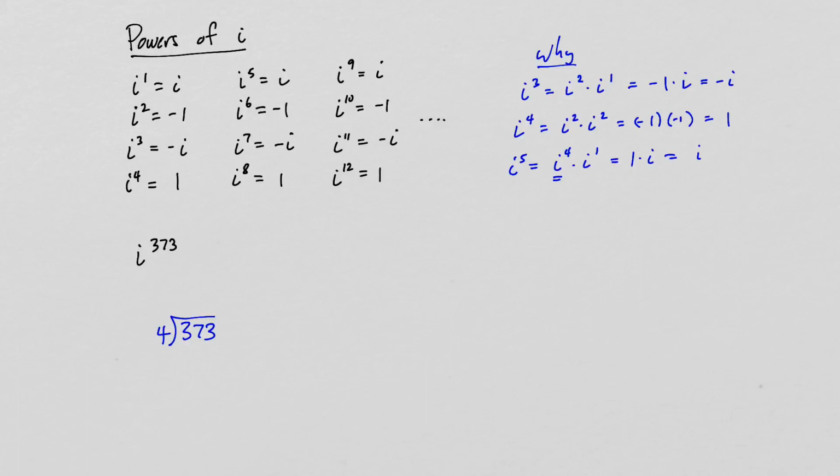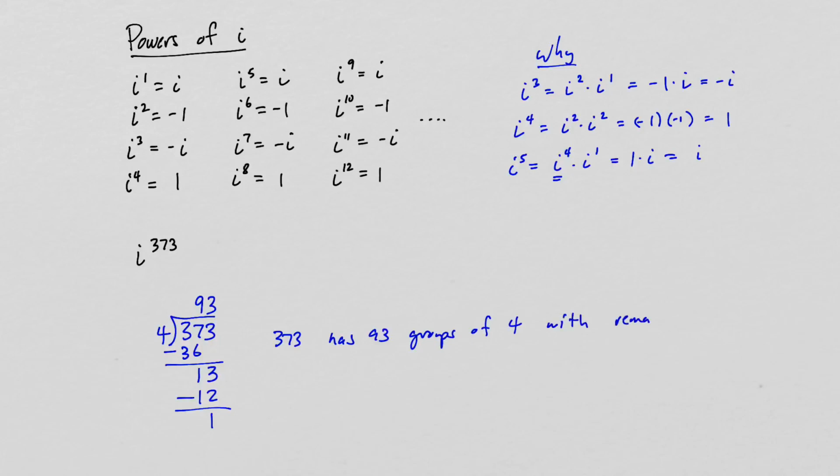4 goes into 37 9 times. 4 goes into 13 3 times. And what you have there is 373 has 93 groups of 4 with a remainder of 1.